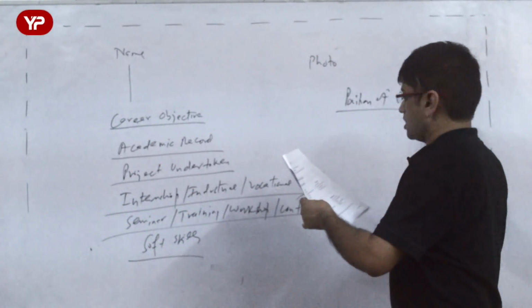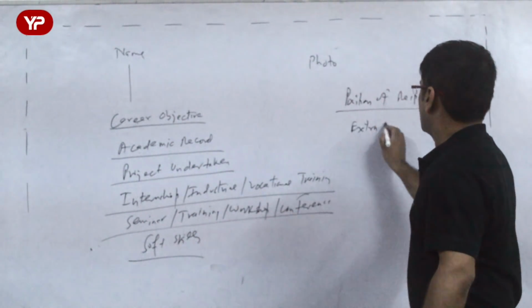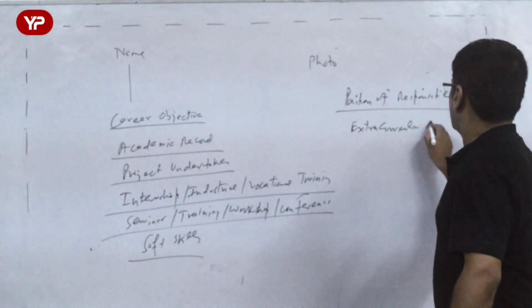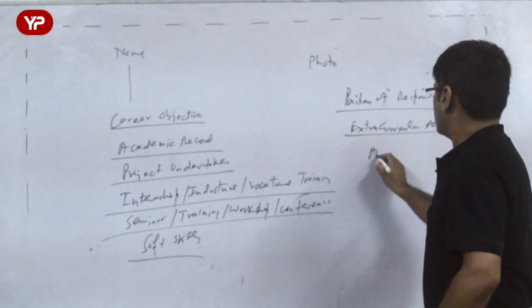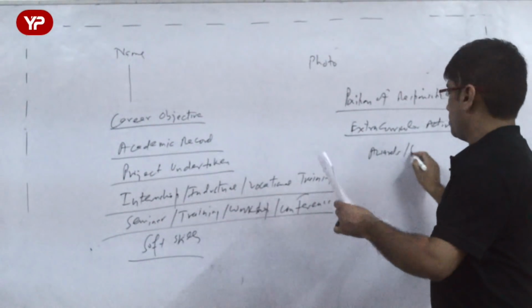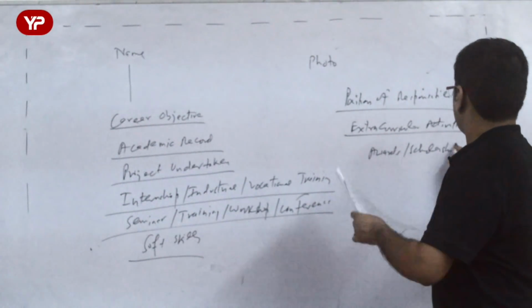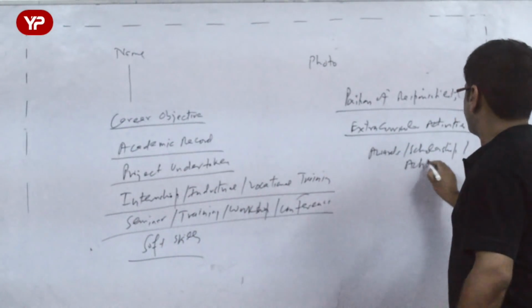Then comes extracurricular activities. Then comes your award, comma, scholarship, comma, achievement.